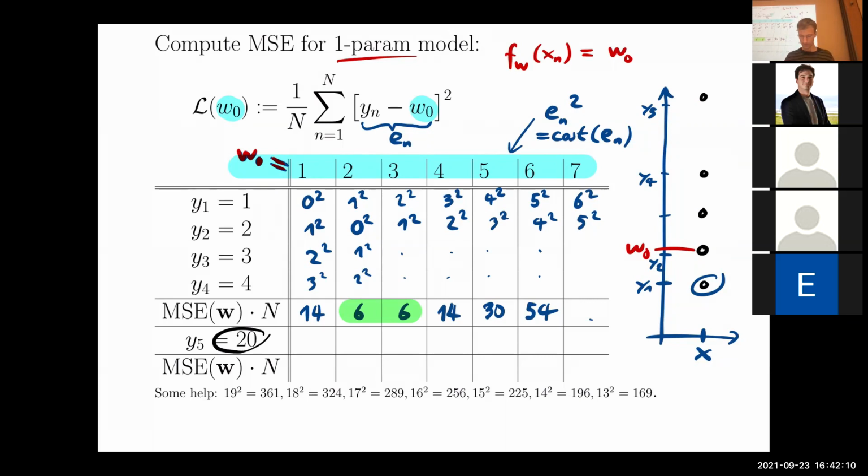So now that point here has a pretty high cost to your model, right? This guy is pretty far away, so we're gonna see that in our error.